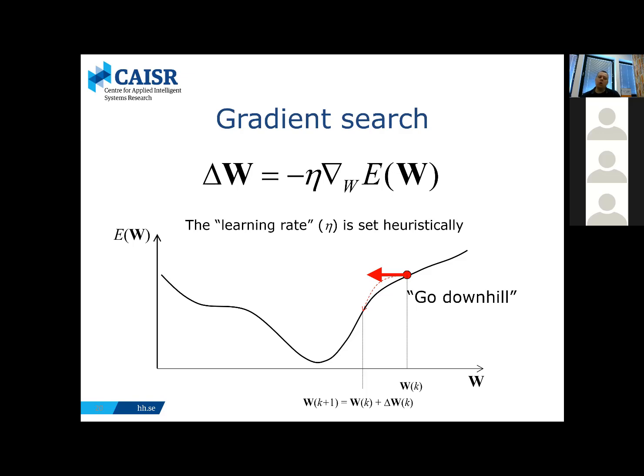If we know this error, we can calculate the gradient, or how the error changes if we change different weights in the network, and we just go towards the fastest dropping error.